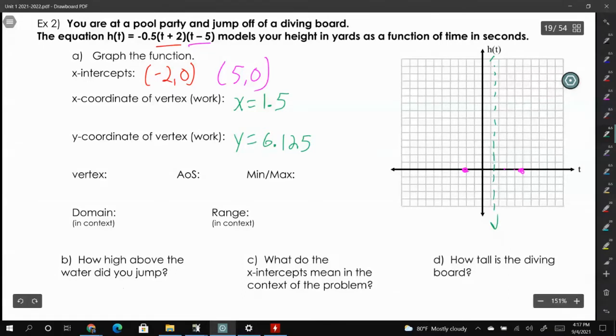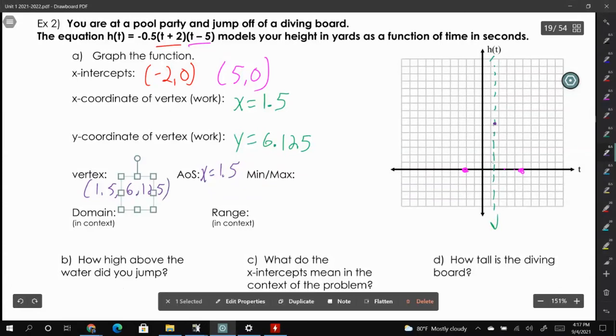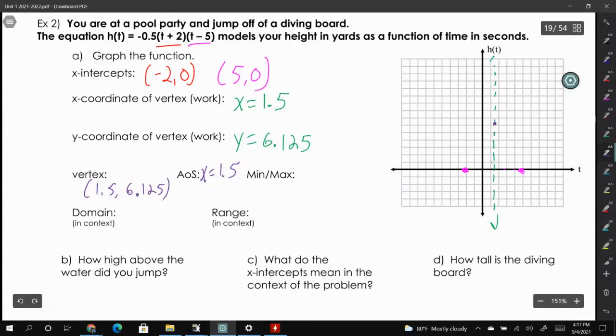Okay, so 1, 2, 3, 4, 5, 6, and a little bit more than that. All right, so x equals 1.5. Vertex was 1.5 comma 6.125. We have a maximum of y equals 6.125.